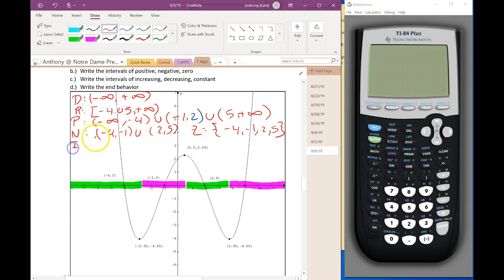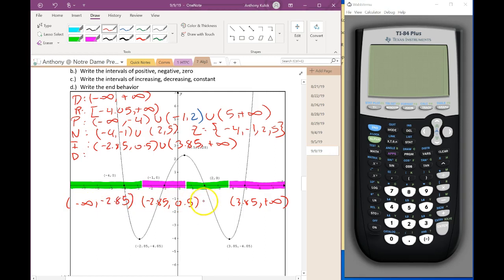Increasing is going from -2.85 to +0.5, and then 3.85 to positive infinity. And then we're decreasing from -infinity up to -2.85, and then again from +0.5 to 3.85. I ran out of space there.